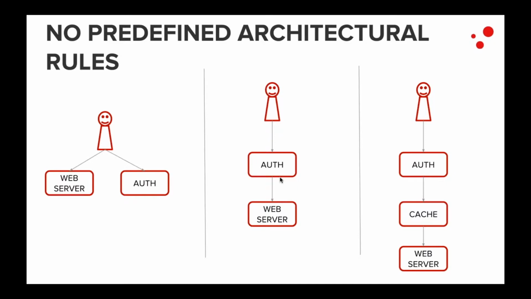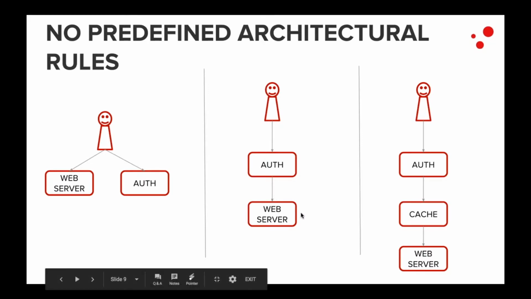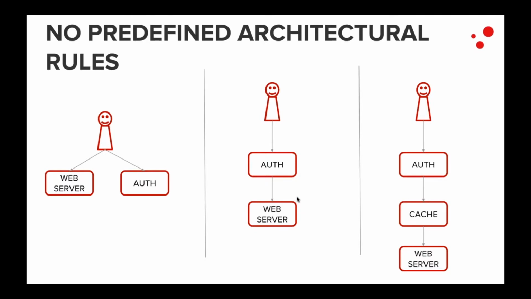So the next step is to force every request to go through the authentication server before it is capable of reaching the web server, meaning that each client will first have to be authenticated and then authorized before it is capable of hitting the web server. So what's wrong here? That's really where the performance part kicks in.